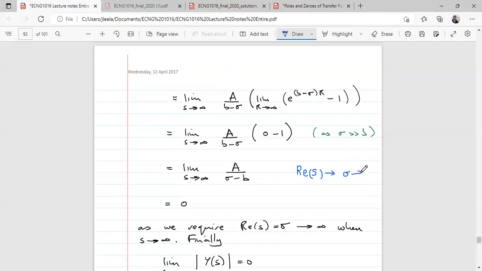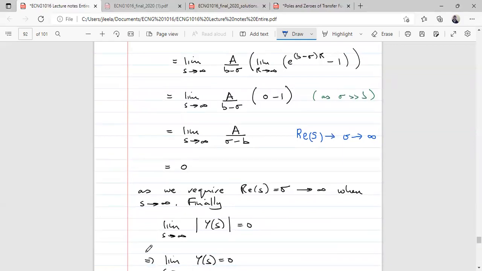Sigma approaches infinity, right? So if sigma approaches infinity, therefore the denominator here will approach infinity. So this whole value here will approach 0, right?